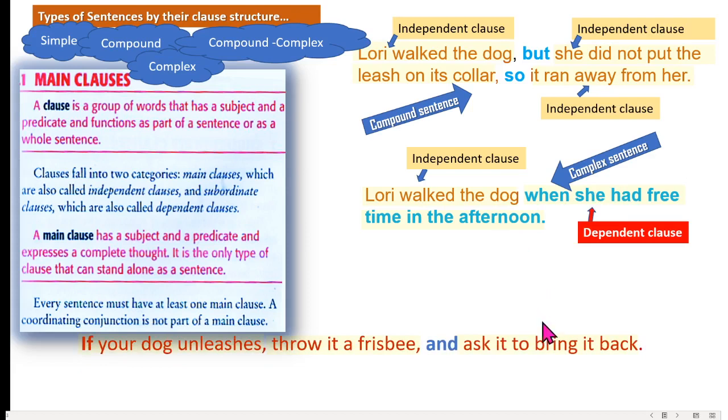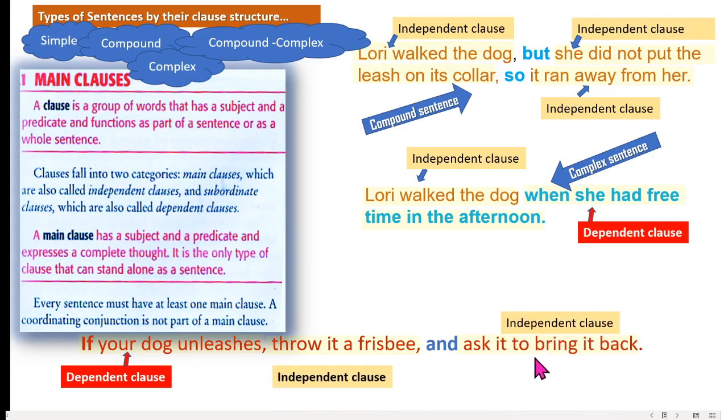One other type of sentence is this one, where you have a dependent clause. If your dog unleashes, throw it a frisbee and ask it to bring it back to you. So we have a dependent clause, an independent clause, another independent clause. There's coordination here, but there's a subordination at the beginning.